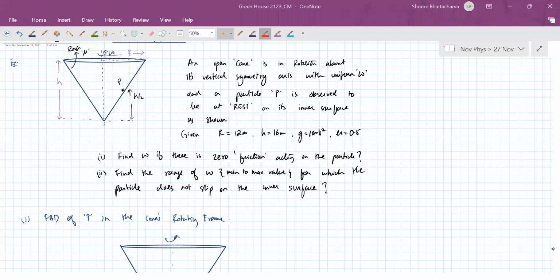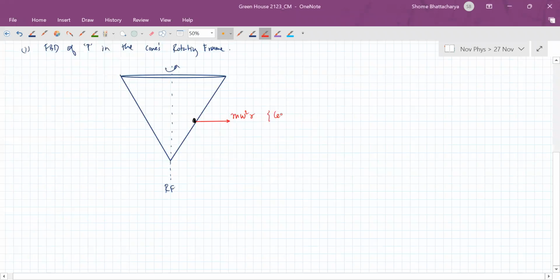So what is small r over here in the centrifugal force formula? R/2.